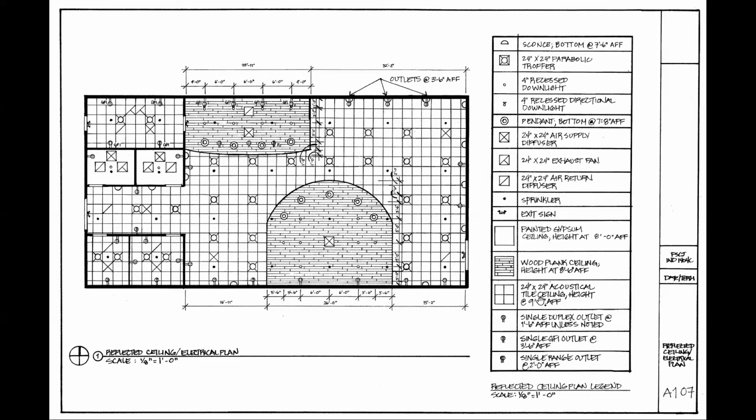And those are just the single duplex outlets, and they're located at 1'6" AFF, unless otherwise noted. So they're 18 inches off the ground, and that's probably close to what your outlets are in your house. But there's a couple here, these ones in the back. Notice how it says on this legend there, it's 1'6" AFF unless otherwise noted.